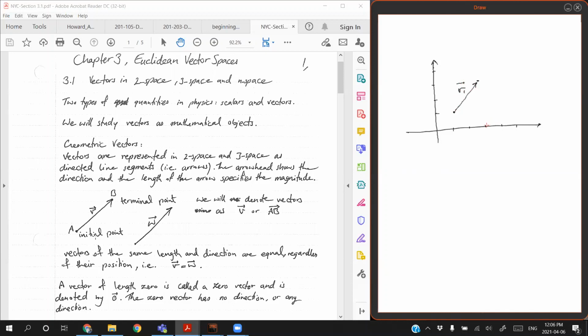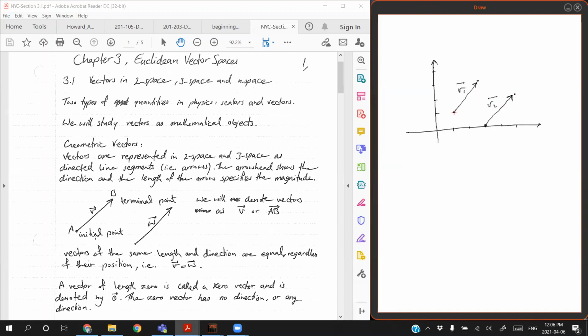And then you have another vector that starts at (3, 0) and ends at (5, 2). So these two vectors are equal because they have the same length and the same direction.